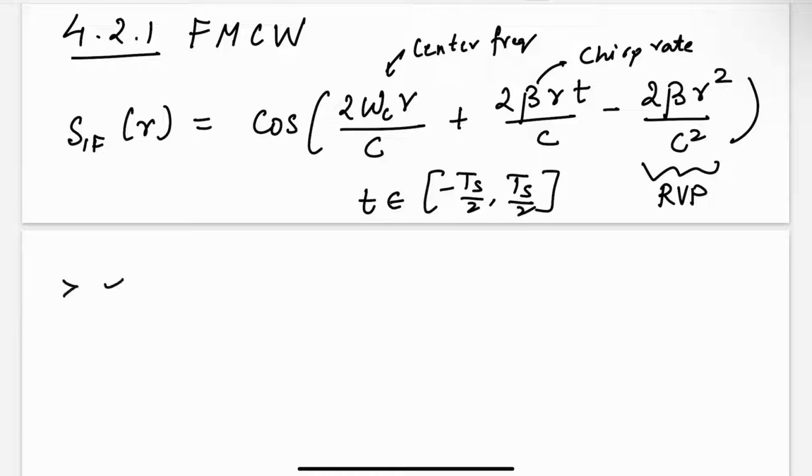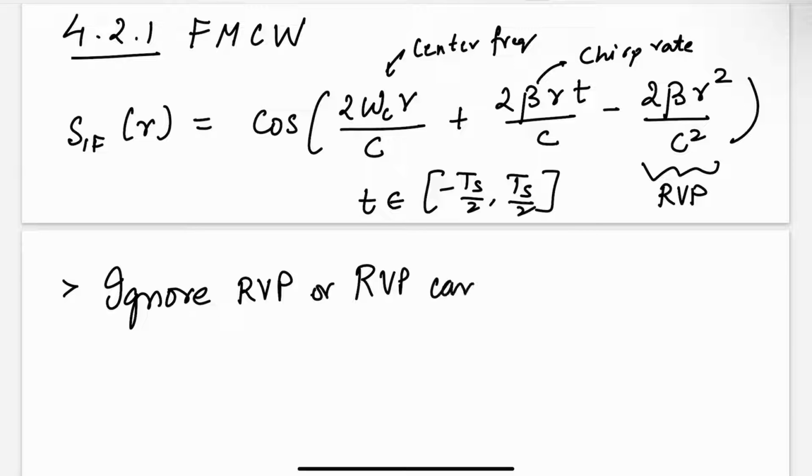Now, one thing you can do is you can just ignore the residual video phase. And we discussed in that video as well how important it really is for close range targets. But okay, let's say you cannot ignore it. Then in fact, you can actually remove the residual video phase. I won't go into this now, just because of time constraints.